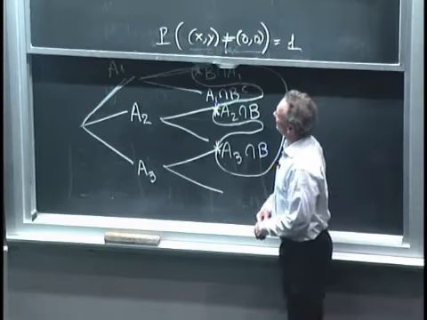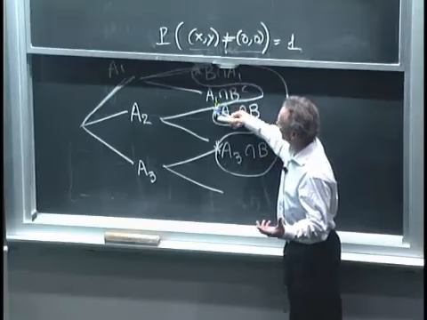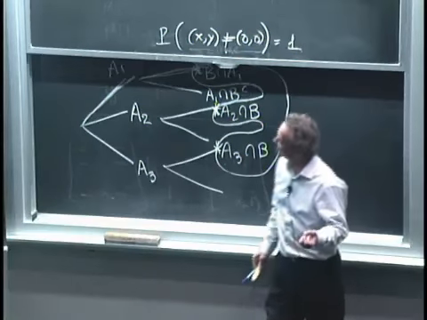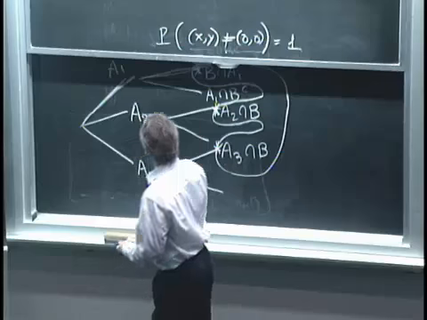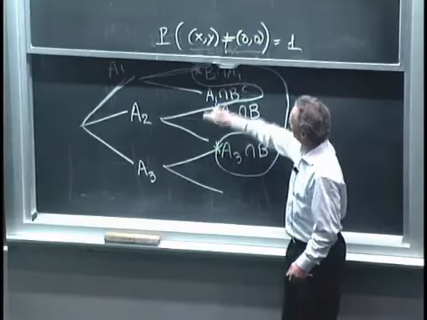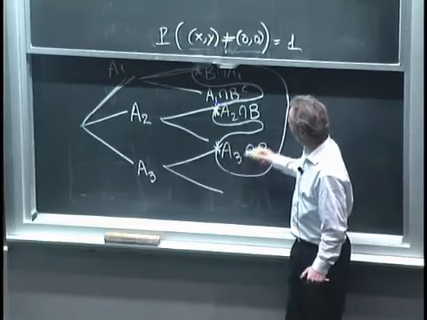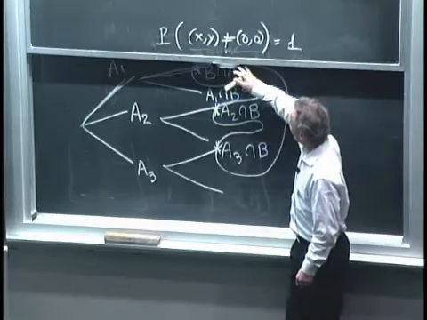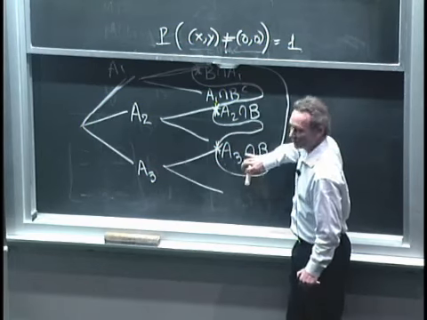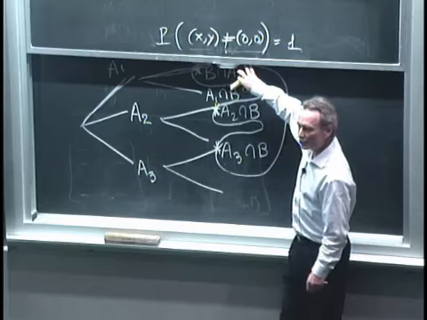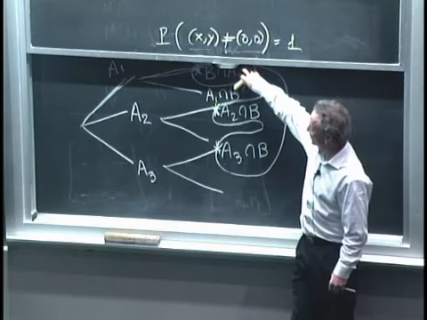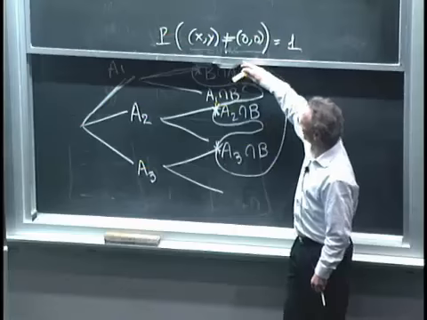So B is an event that consists of these three elements. There are three ways that B can happen. Either B happens together with A1, or B happens together with A2, or B happens together with A3. So we need to add the probabilities of these three contingencies. For each one of those contingencies, we can calculate its probability by using the multiplication rule.